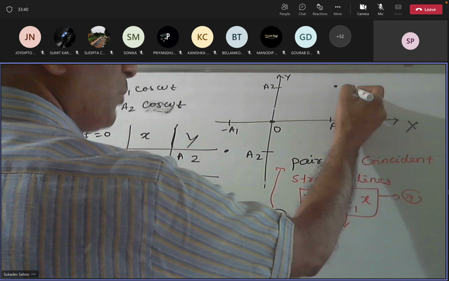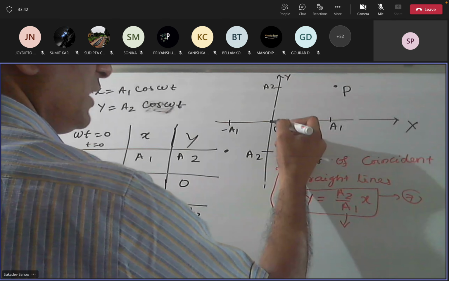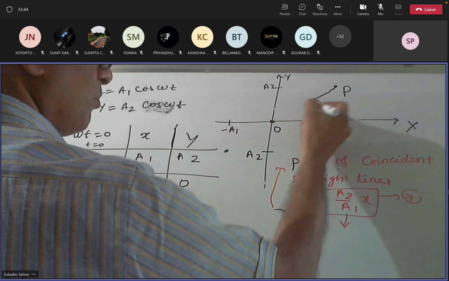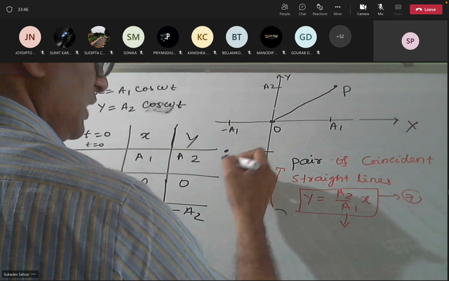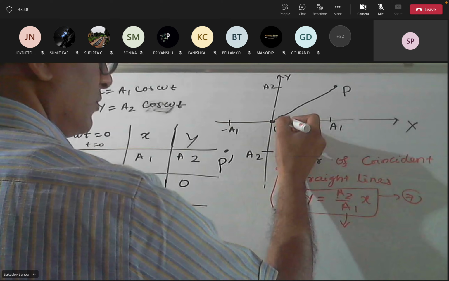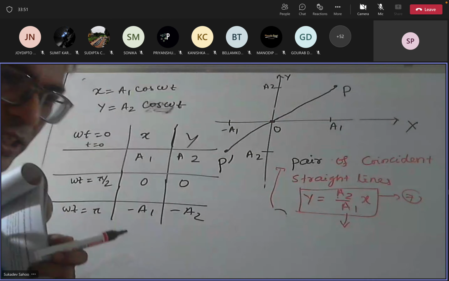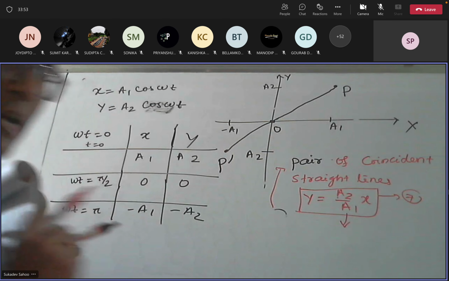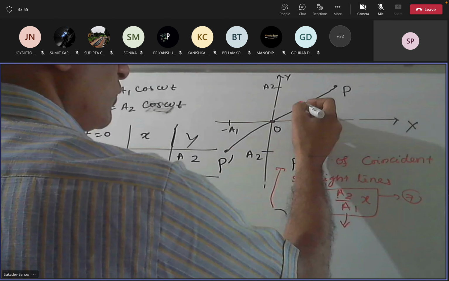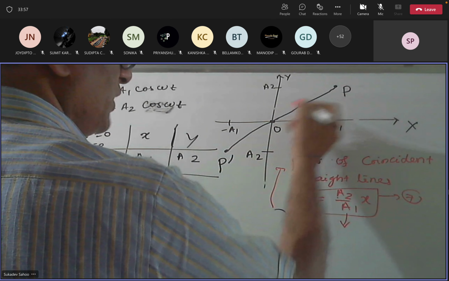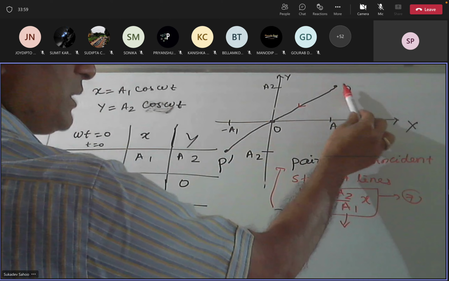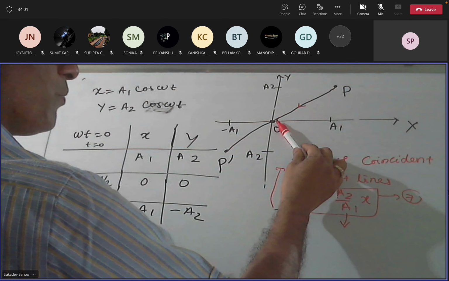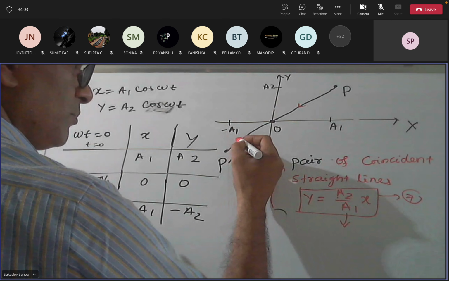First, we have obtained this point, suppose P, then O, then suppose P prime in this direction. So the direction of motion is very important. Without this direction of motion, half of the marks will be deducted. So the direction will be from P to O, then O to P prime.